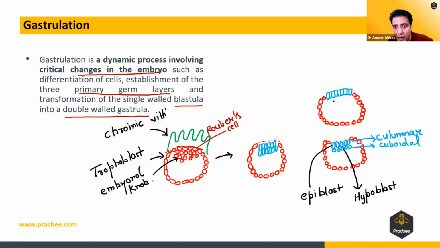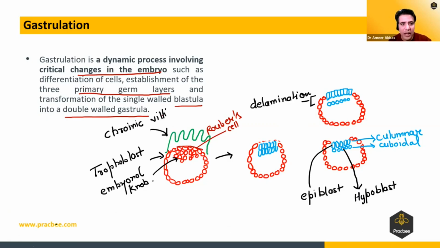During this, the cuboidal cells remain behind, and this leads to the formation of two layers now. One above and second is down. The process that occurs here is delamination. Now what will happen?